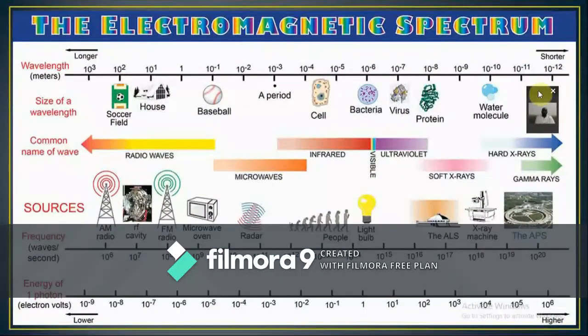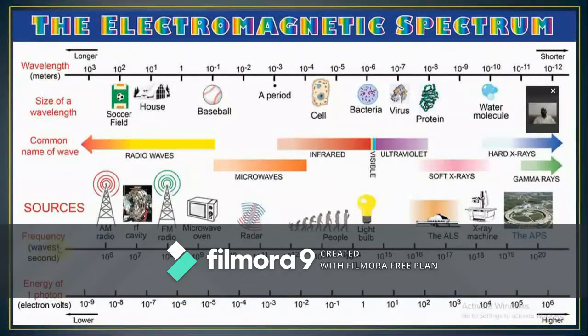Now this figure displays the electromagnetic spectrum. Here we see the wavelength in meters. So here is longer and here is shorter, and we can see the frequencies as well, and the energy.